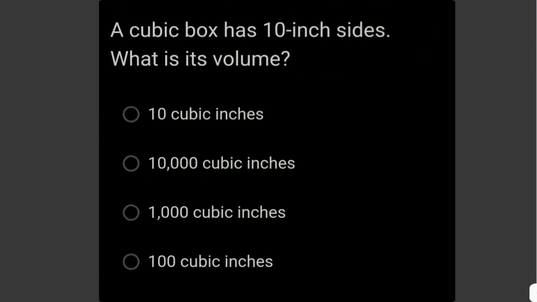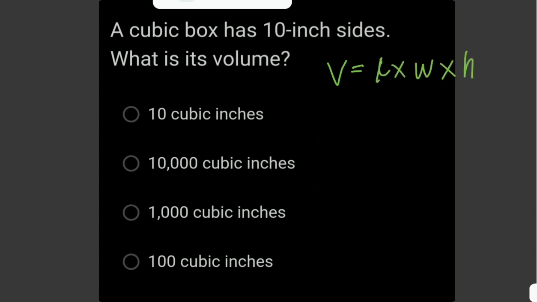A cubic box has 10-inch sides. What is its volume? Now to solve for the volume, we just use the formula length times width times height. So it is stated here in the problem that it is a cubic box.